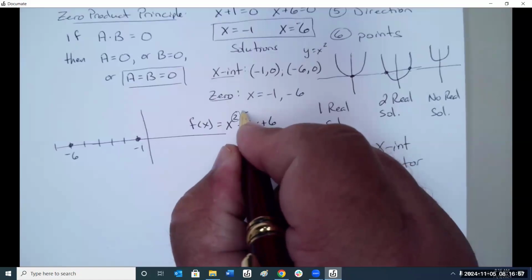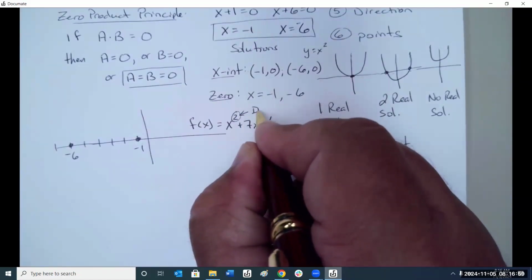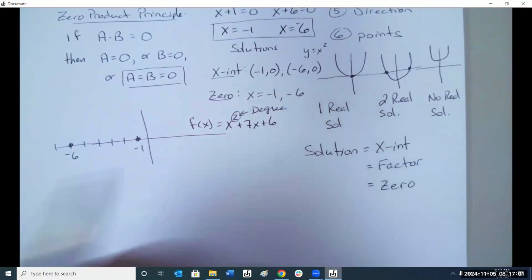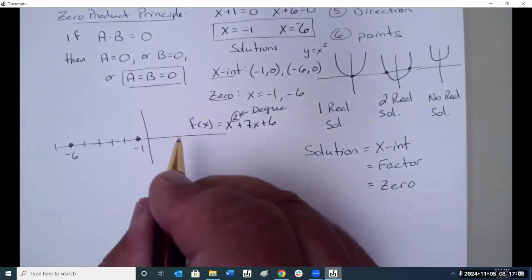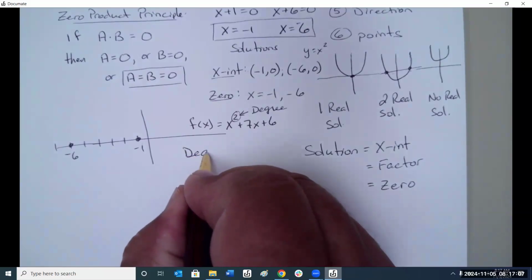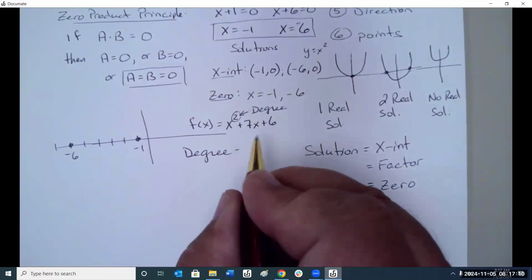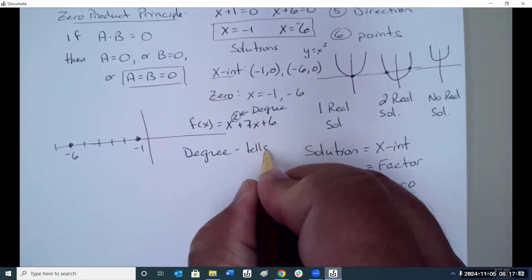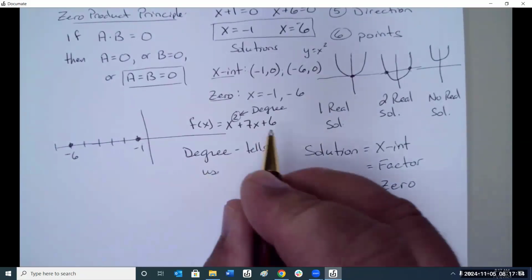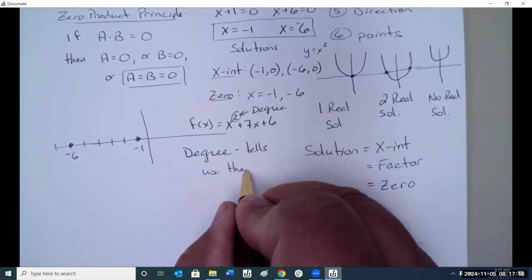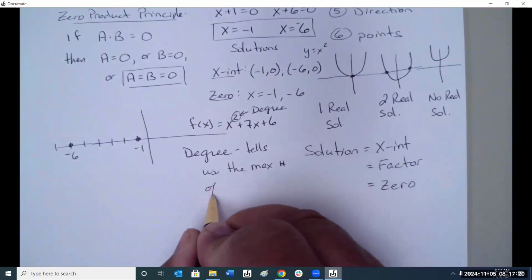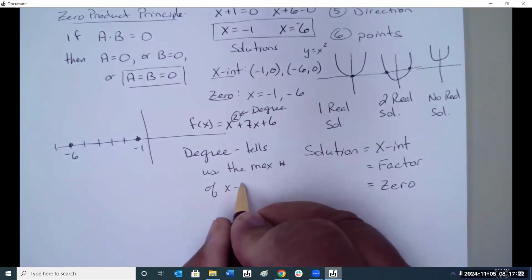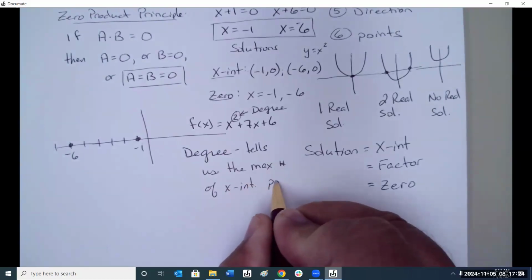The largest exponent is what we call the degree of the equation, of the polynomial. The degree tells us the maximum number of x-intercepts possible.